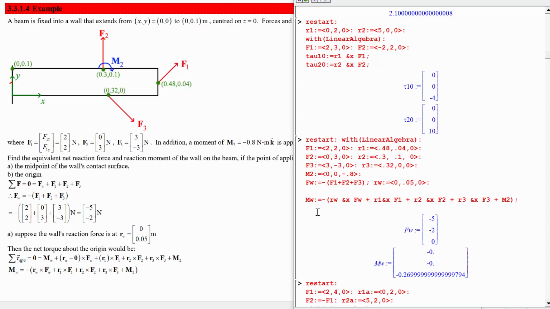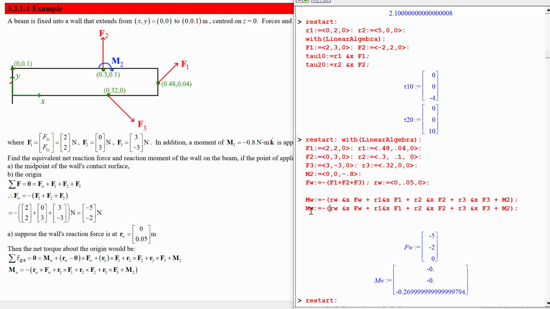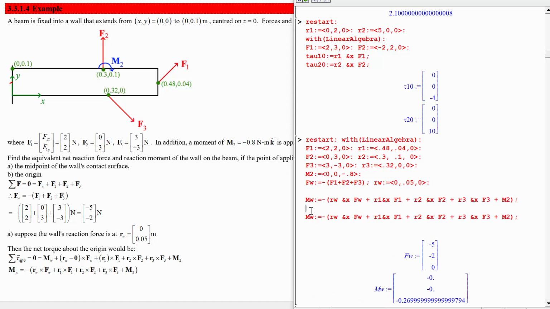Now, as a check, we should have gotten the same moment if instead of about the origin, we were finding this about some different point. So let's put in our test is equal to, how about RW for now? And let's modify all of these cross products to be relative to the test position.